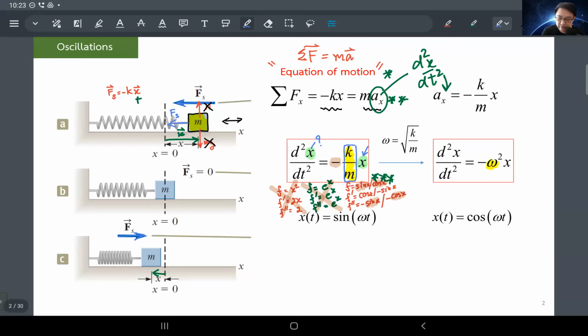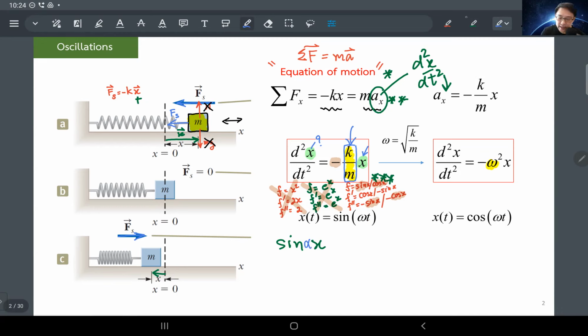Think about this. Every time that you differentiate, let me write it down here. Sine x, you differentiate once, you get cosine. That's no big deal. But because you want things to pop up in the front, you need some extra thing in the front right here as well. Let me call it alpha for now.